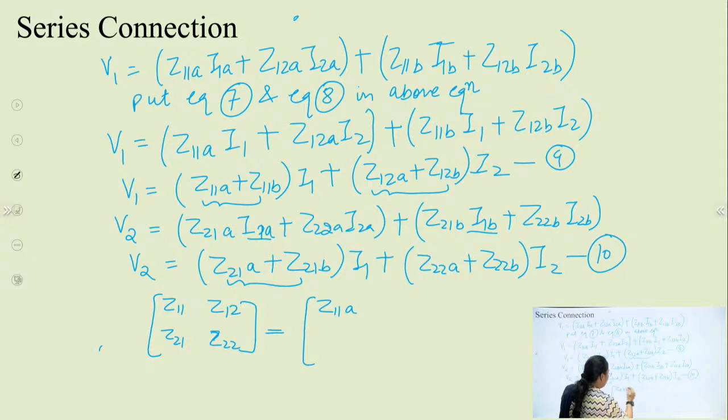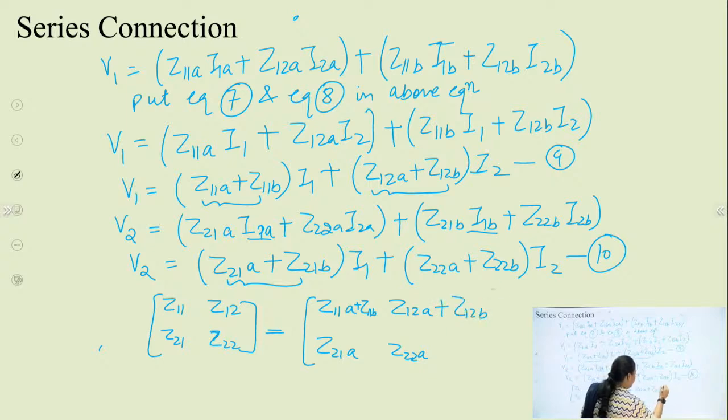This will be the matrix of Z11A, Z12A, Z21A and Z22A plus the matrix of Z11B, Z12B, Z21B and Z22B.